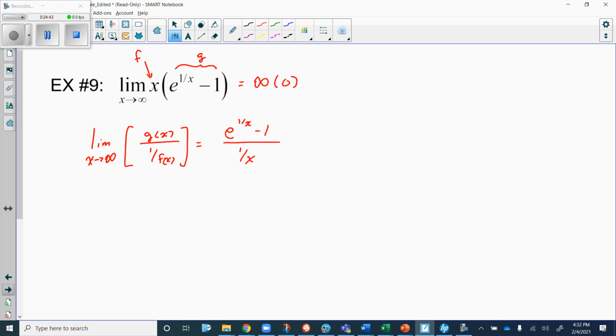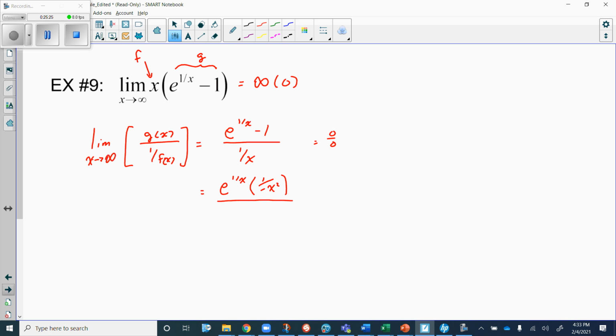Now if you try to do the indeterminate form, you're going to wind up with 0 over 0, and that's where L'Hopital's rule gets going. The derivative of the numerator, using the chain rule on e to the 1 over x power, is going to give me e to the 1 over x power times 1 over negative x squared.